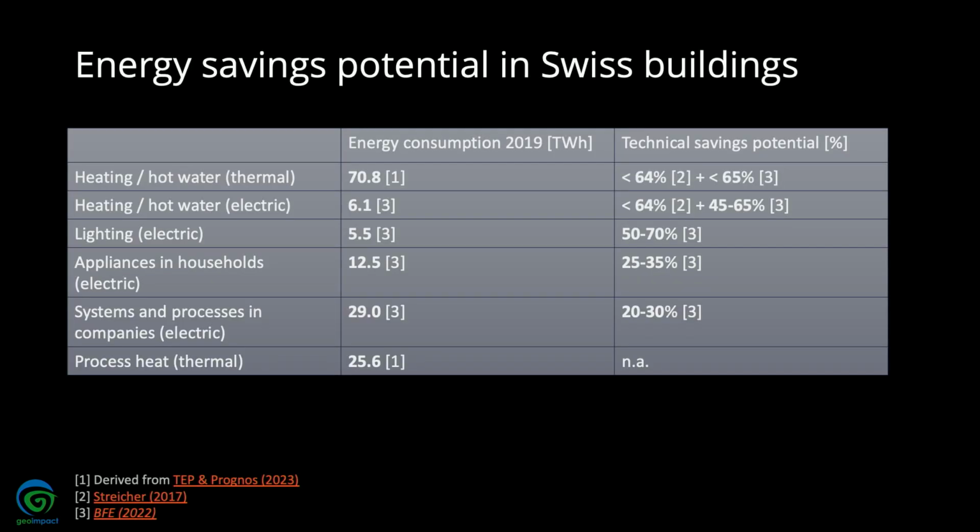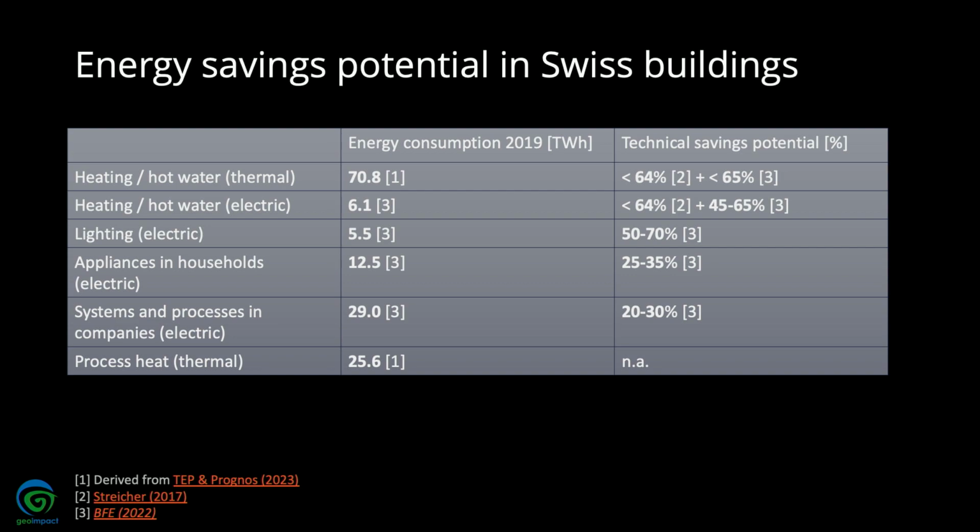So first, a short overview of the potentials. This is just for buildings. A big part is heating and hot water. So we have thermal sources, which are non-electric, and electric sources. And there we have a big potential of up to 64% through building envelope measures.